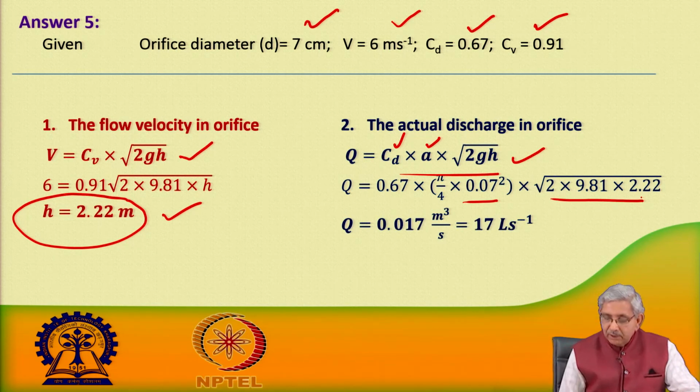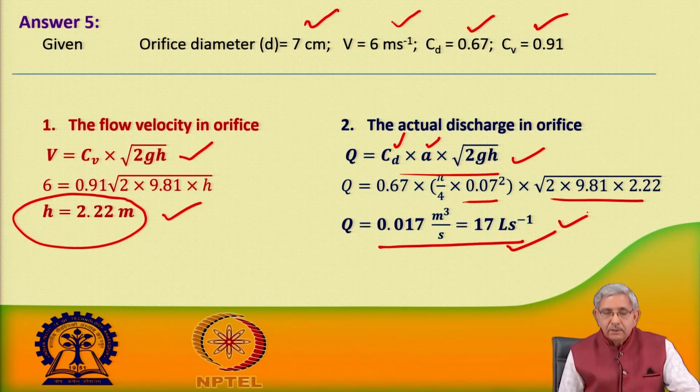Once we calculate this value, the actual discharge comes out to 0.017 cubic meter per second, which is equal to 17 liter per second. This is the answer for question 5, where we were required to determine the discharge from the orifice.